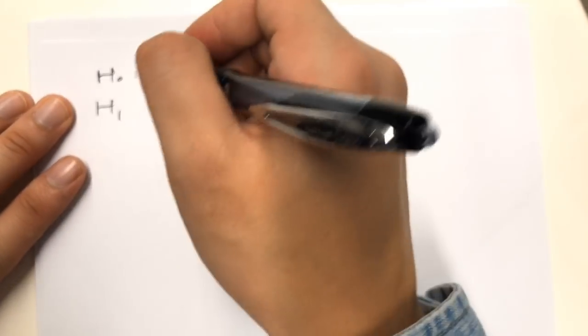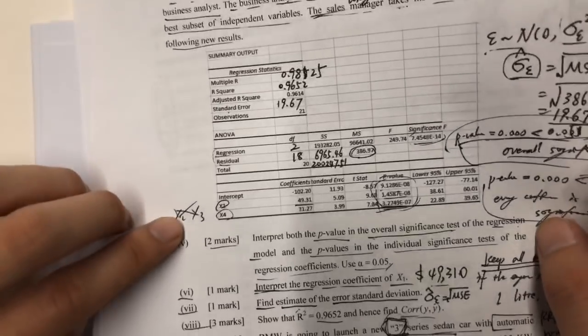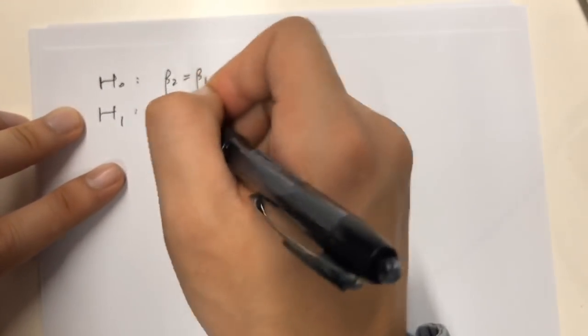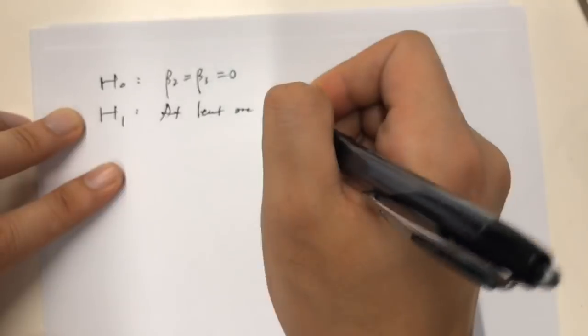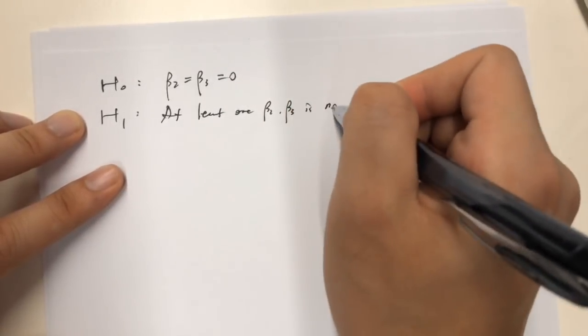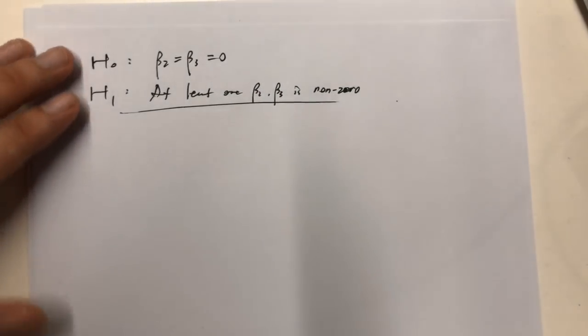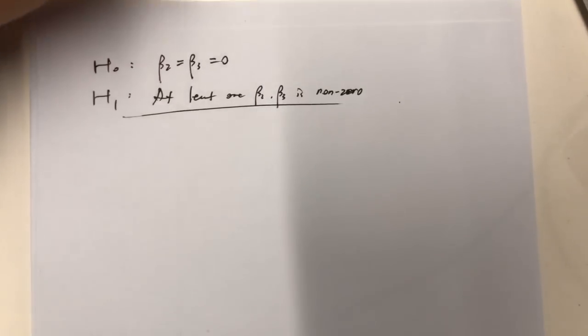So the null hypothesis should be that all the betas that we removed are equal to 0, so beta 2 equals beta 3 equals 0. And H1 should be that at least one of beta 2 and beta 3 is non-zero. So this is the null and alternative hypothesis of the restricted F test.